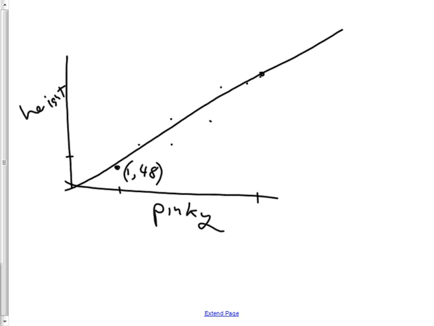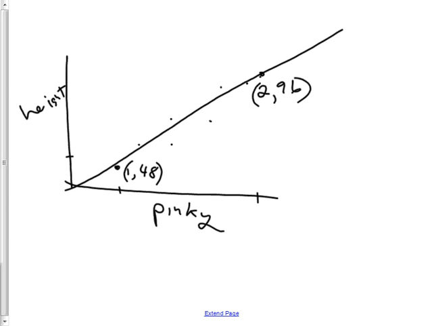What that means is if you had a 1 inch long pinky, you'd be 48 inches tall. Okay? Now, on the other end of the scale, let's say that you had a 2 inch long pinky. For just the bone in the pinky, that'd be really big. So maybe that person's going to be like 8 feet tall. So I'm going to double my 48 and make it a 96. See how my 2 data points there, the 1 comma 48 and the 2 comma 96?